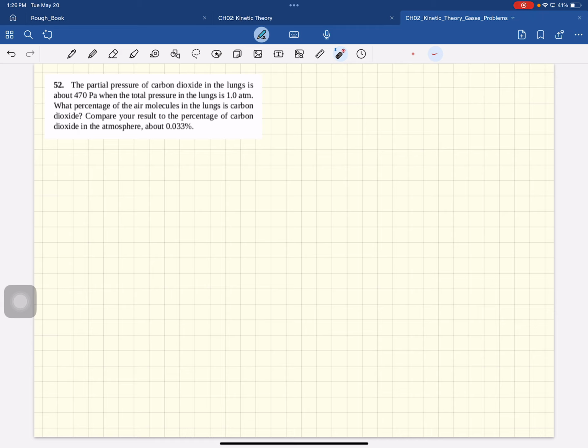All right, so we'll do this. The partial pressure of carbon dioxide, we're using Dalton's law, in the lungs is 470 pascals, when the total pressure in the lung is 1 atmosphere. What percentage of the air molecules in the lungs is carbon dioxide? Okay, Mr. Dalton told us the partial pressure is Ni divided by N total, the molar fraction, times the total pressure. Okay.